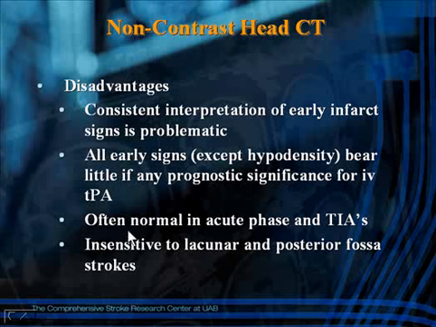CAT scan is criticized as often being normal in the acute phase of stroke and TIAs. To me, this is encouraging, because CAT scan shows somewhat of a tissue window, and if the patient has a severe stroke and 4 hours have elapsed and the head CT scan looks normal, that gives me optimism that this stroke may not yet be severe enough to produce visible damage, and maybe this patient would benefit from some form of reperfusion procedure.